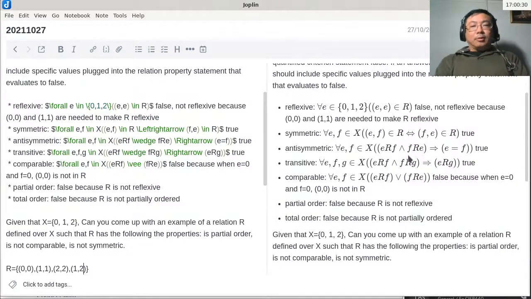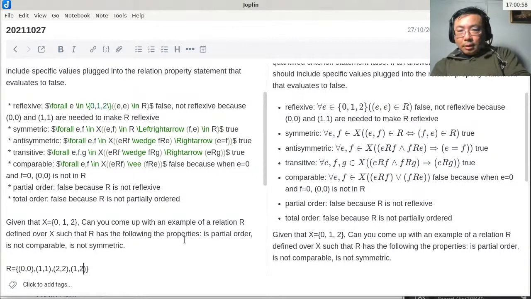It is possible because we can choose E and F to be the same thing. Okay, so E and F can both be 0, they can both be 1, they can both be 2. But if they're both 0, 0, 1, 1, or 2, 2, then we can also say E and F are the same. So now you have to look at the other case, which is, what if E and F are different? Then it is not possible because the relation is not symmetric.